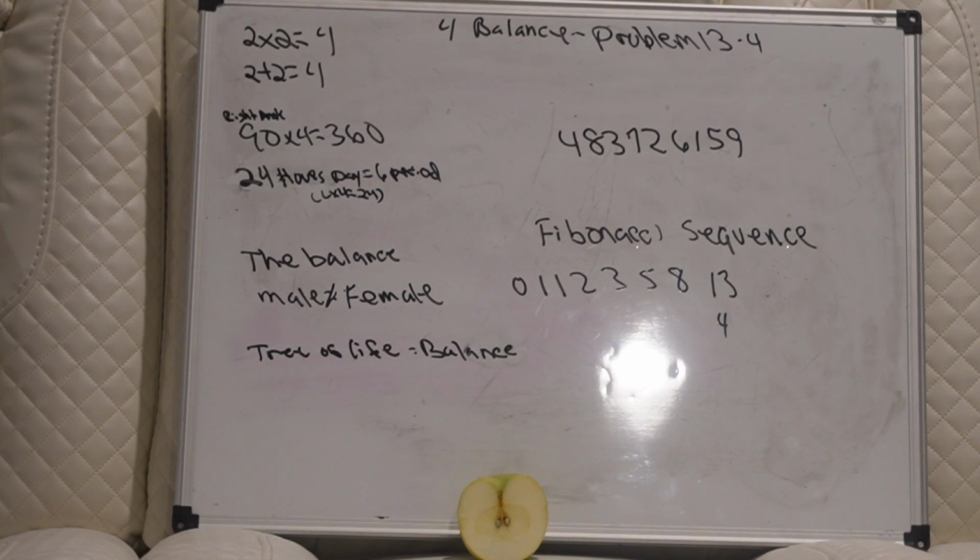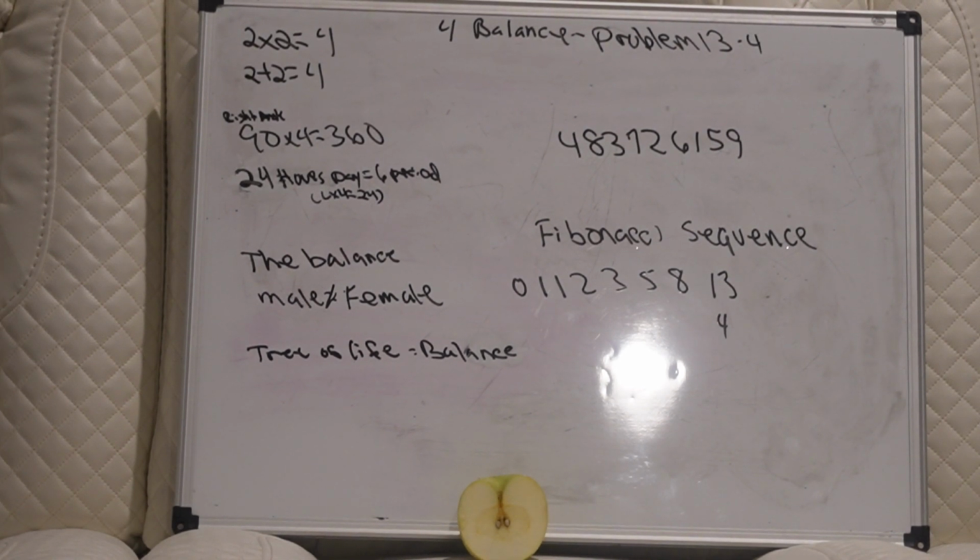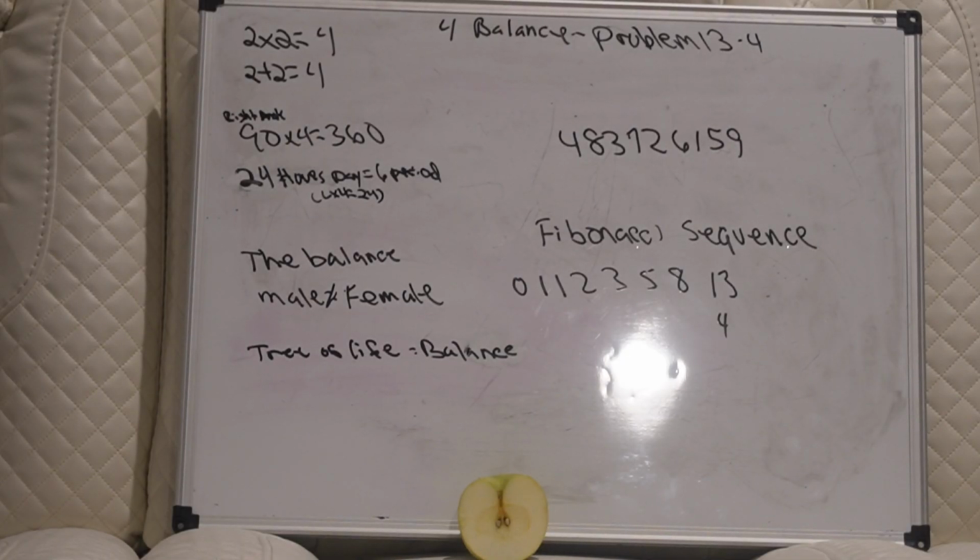represents balance. As I have mentioned before, the number 2 is the number like 0. If you times it by itself, in other words, 2 plus 2 equals 4, 2 times 2 equals 4, you get the same result.